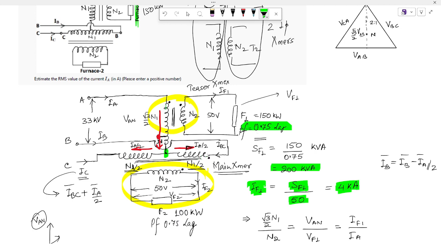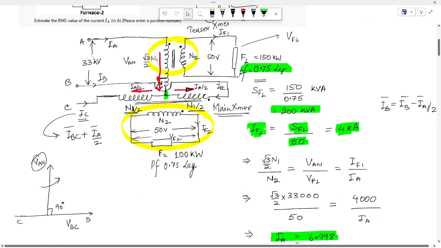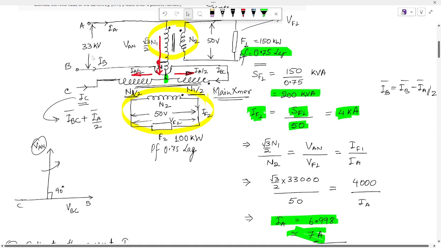So the current IA will split into two parts, that is IA by 2 and IA by 2. So the current IB can be said as IBC minus IA by 2, vector sum, and similarly IC can be said as IBC plus IA by 2.